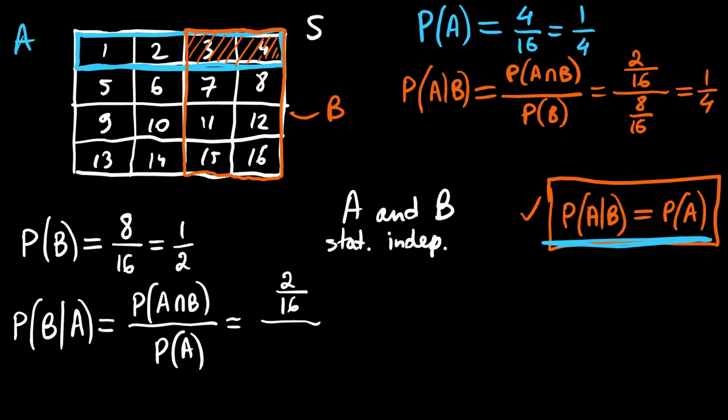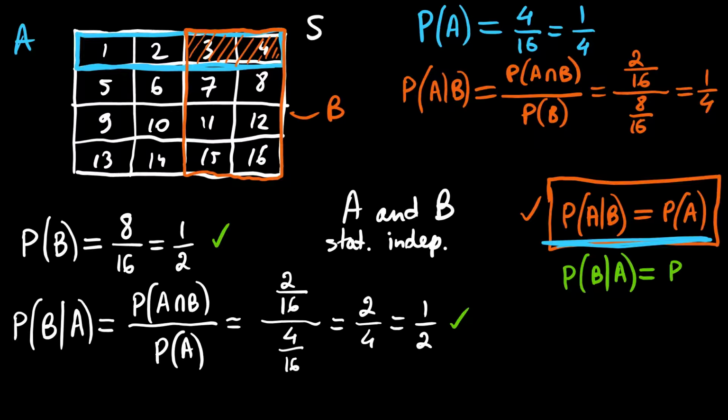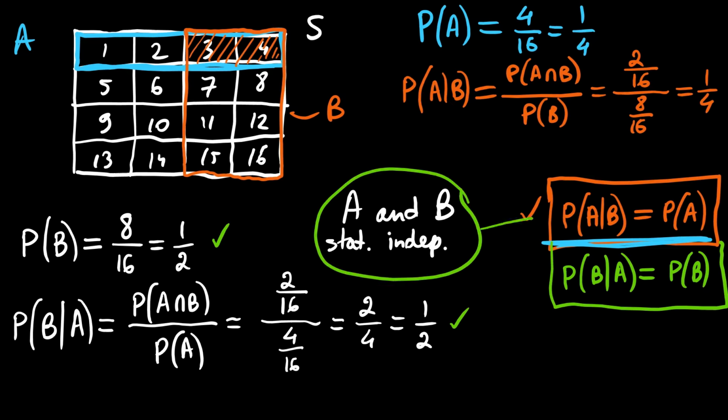A consists of 4 elements, so that's 4 over 16, and we get 2 over 4, which is 1/2. So notice that the probability of B equals the probability of B given A. So we've also shown that the probability of B given A equals the probability of B.